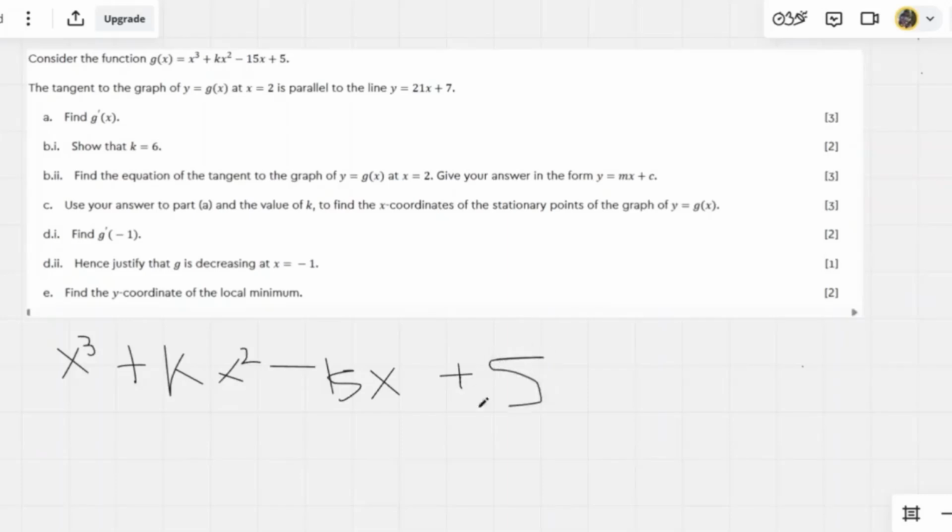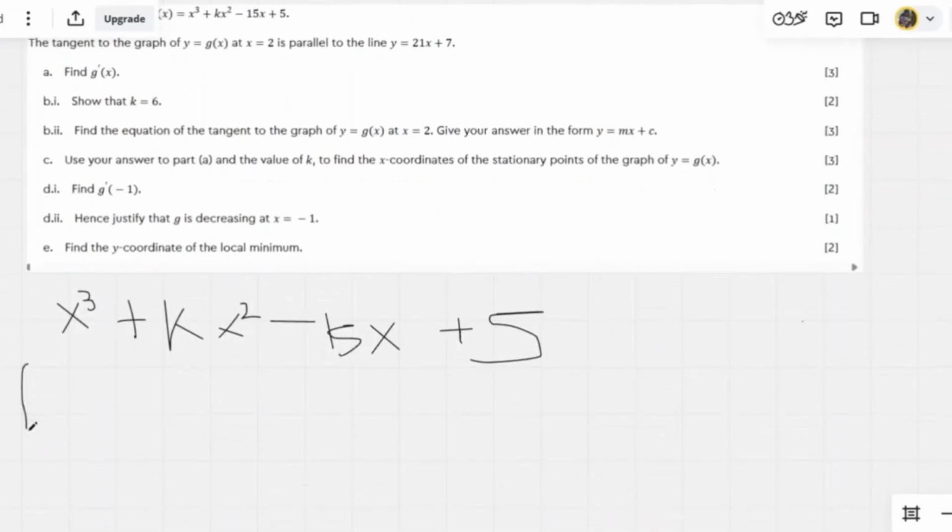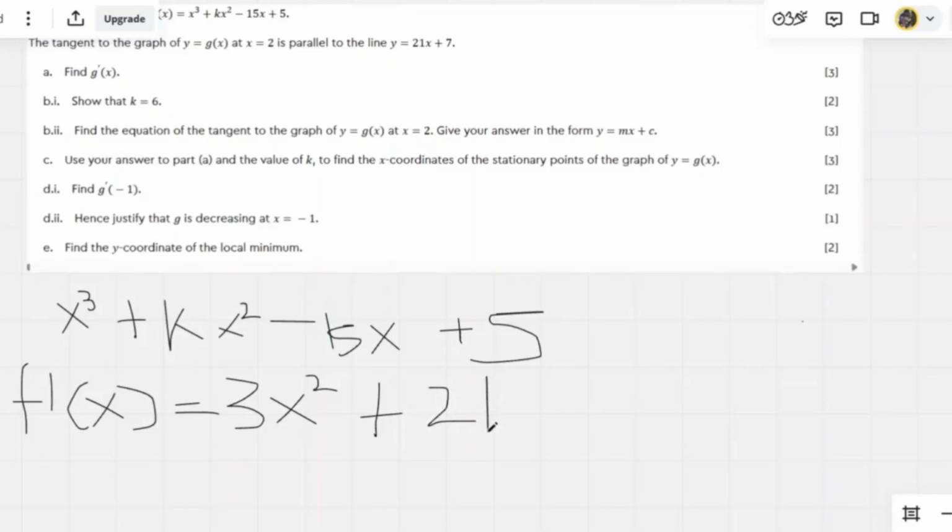And for the derivative of this function, x to the power of 3, so 3 multiplied by x gives us 3x, and then 3 subtracted by 1 gives us 2. For kx squared, k multiplied by 2 gives us 2kx, and minus 15x differentiated gives us minus 15.